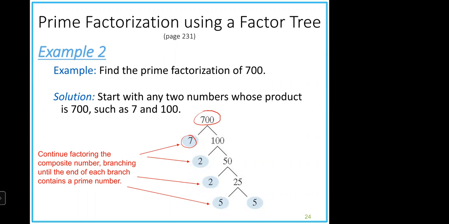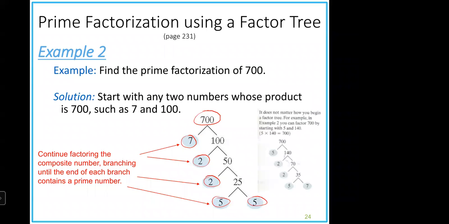Now 100 could be divided into 2 times 50. 50, 2 times 25. 25, 5 times 5. So once we end up with only prime numbers, now we can find the prime factorization of 700.